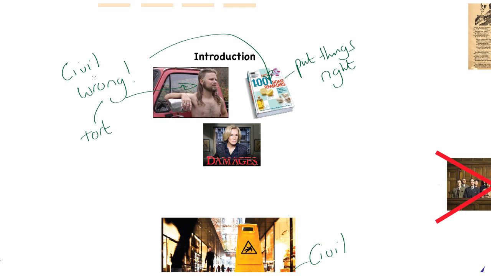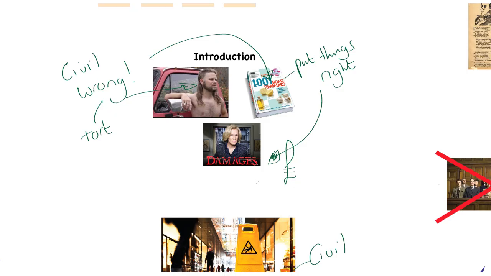So essentially, there is a civil wrong done to you. You are going to ask the law to put that right. You're going to ask them to put that wrong right through the process of a remedy. And that remedy generally takes the form of damages. Now, damages, if I'm honest, 9 times out of 10 involve money.